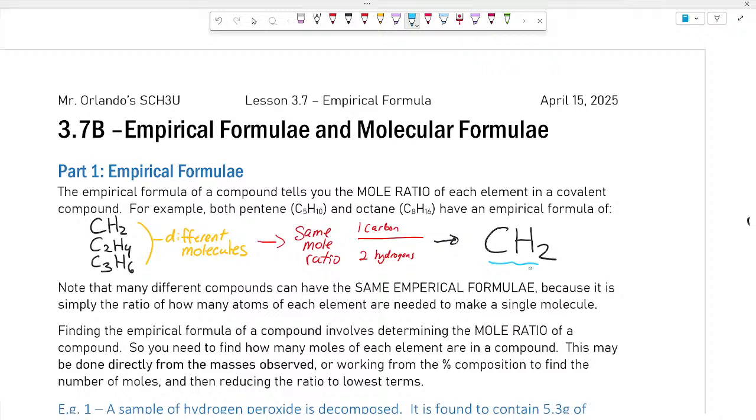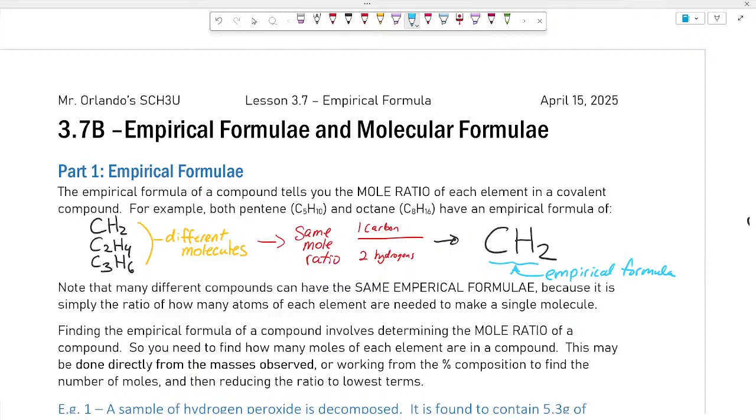In other words, if you did the experiment we did yesterday to find the formula of any one of these, what you would end up with is an empirical formula of CH2. And again, for an ionic compound, your work would be done when you had found that its empirical formula was CH2. But with a covalent compound, your work isn't done.